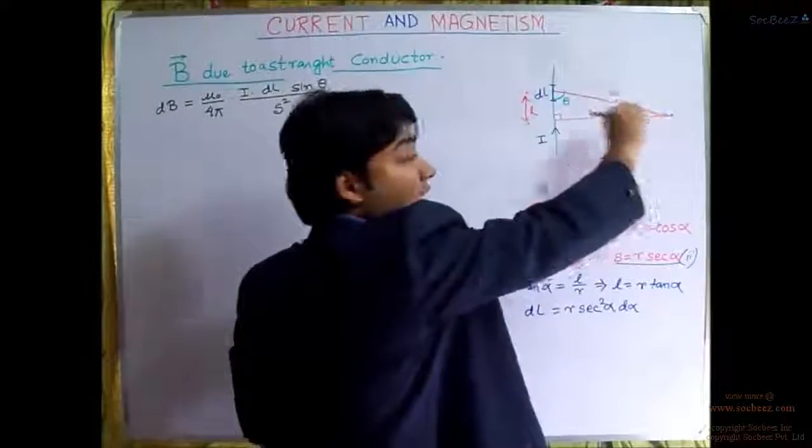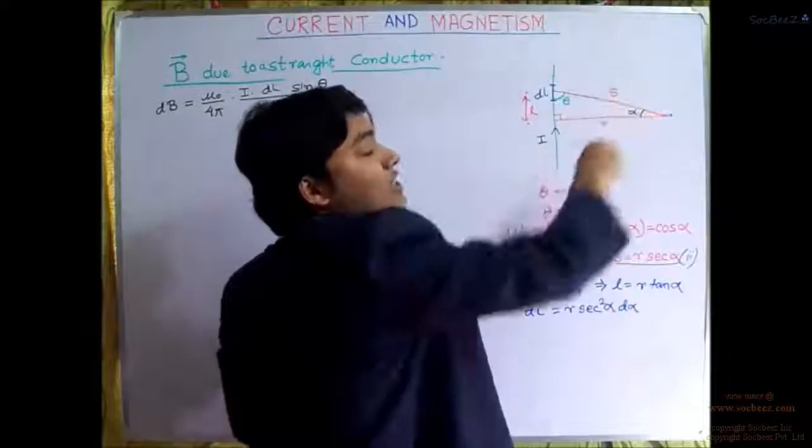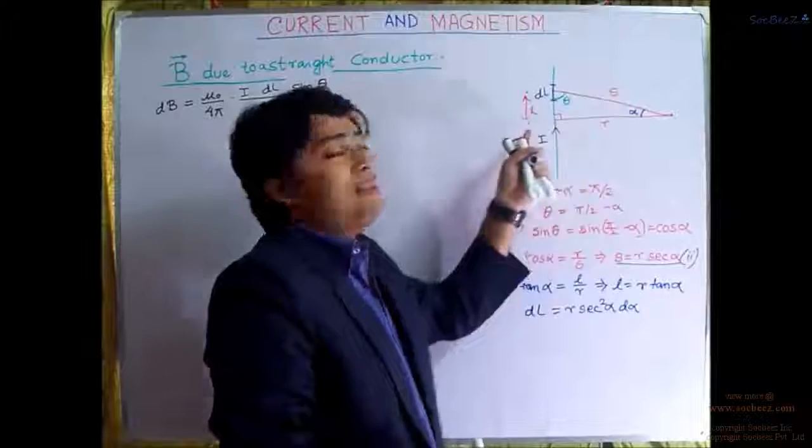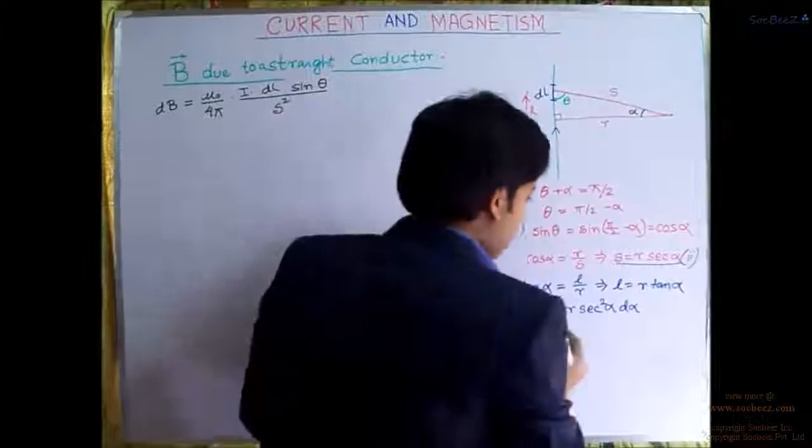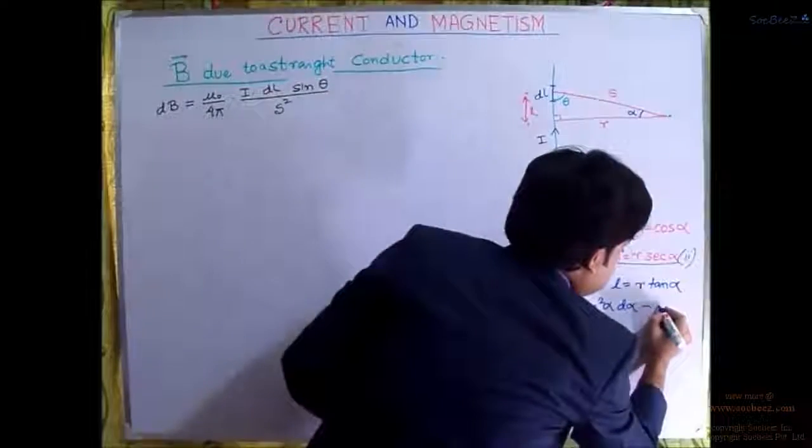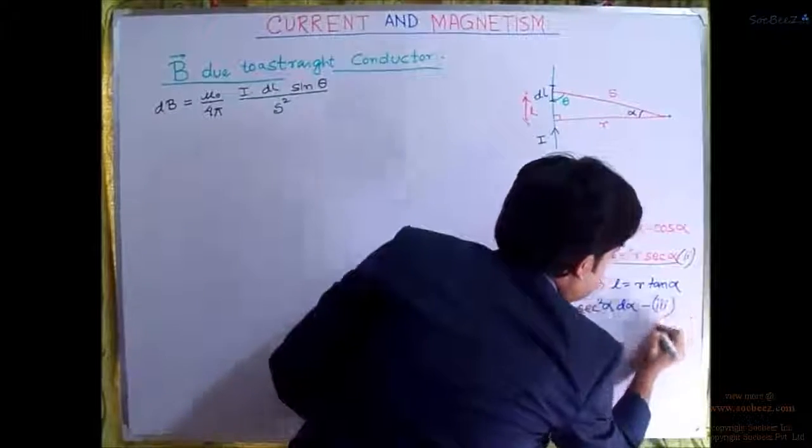This value of S can change with the change of alpha, but the R will remain the same, right? So let us check out that this is the third equation.